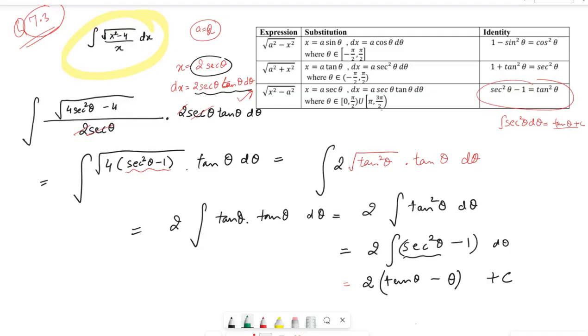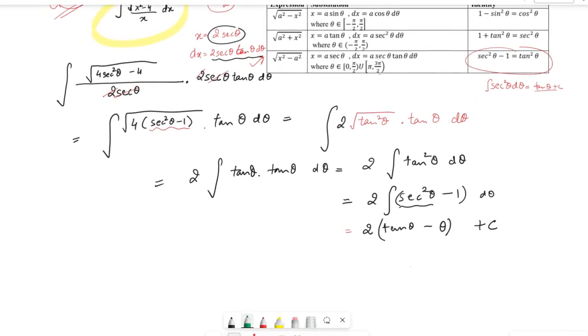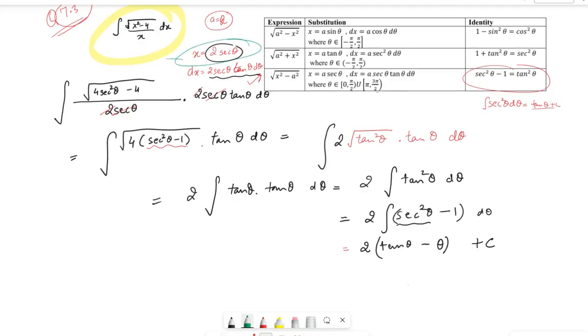Now here is a small trick which we use. We look at our substitution one more time here on the side. x is equal to 2 secant theta. Then x by 2 is secant theta. Secant theta is the reciprocal of cosine, so cosine theta is 2 by x.